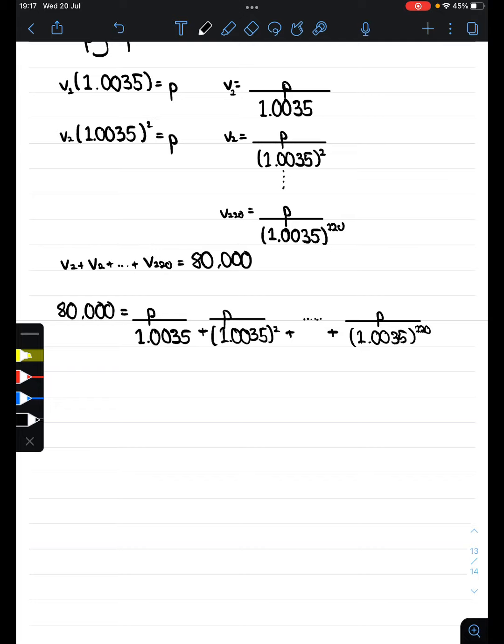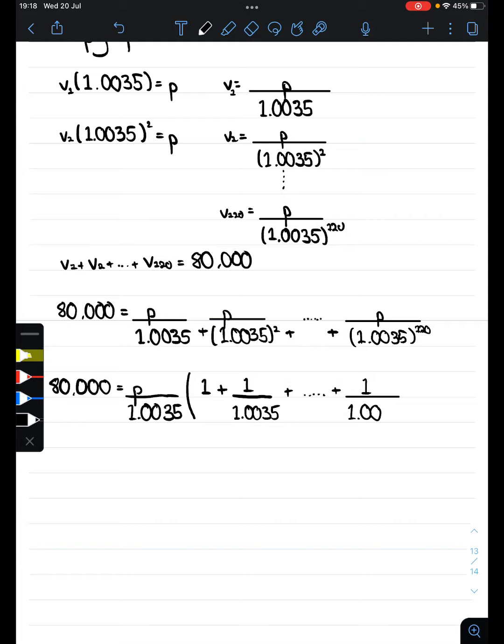So 80,000 equals P over 1.0035, by 1 plus 1 over 1.0035 plus dot dot dot plus 1 over 1.0035 to the 119.